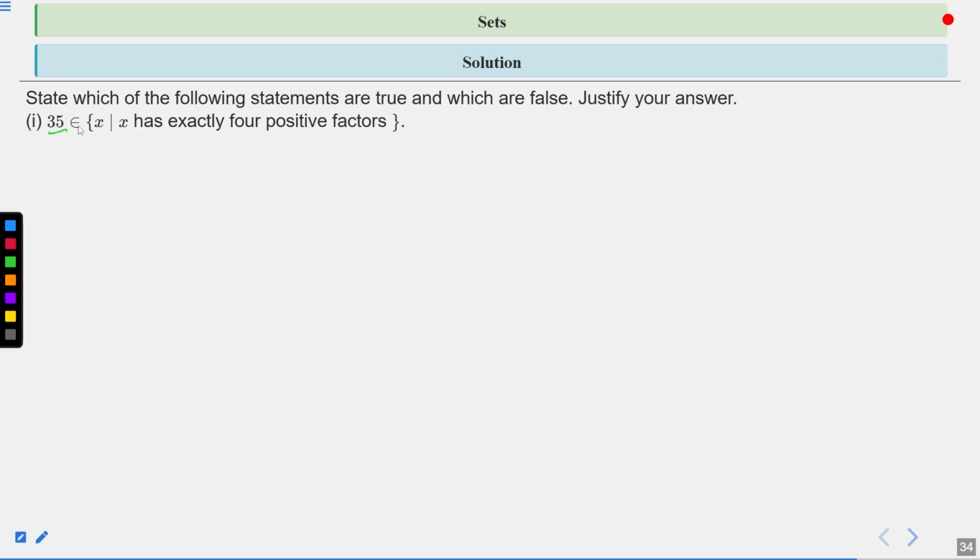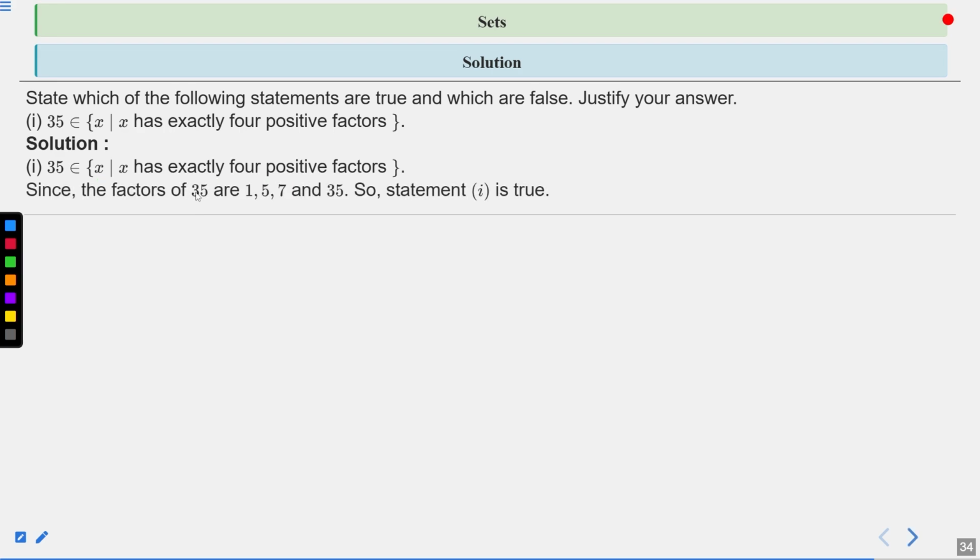First part says 35 belongs to the collection, and collection is collection of all x's that x has exactly 4 positive factors. Solution. So just first of all figure out this roster form for this set builder form, and let's figure out for this number 35.